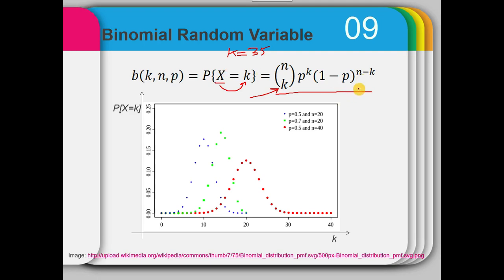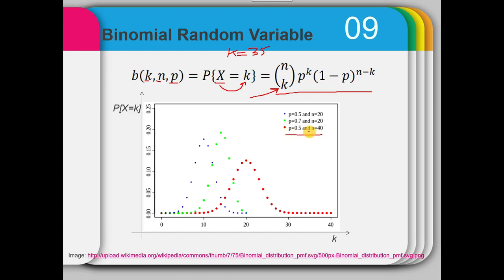So if you look at the formula, a binomial random variable requires you to express 3 variables, that is k, n and p, and I'm sure by now you can understand what k, n and p mean. If you plot the PMF of a binomial random variable for different settings, this is how the PMF looks. First look at this n value, the red dots.